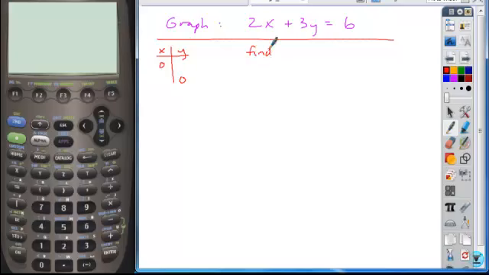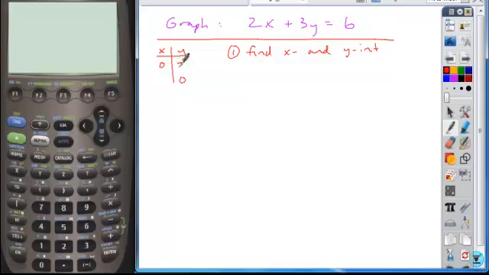So one way that you can do this is to find the intercepts. If we wanted to find the y-intercept, that means what's the value of y when x is 0? So if x was 0 here, meaning that this term would be disregarded, what would be the value of y? Y would have to be 2.